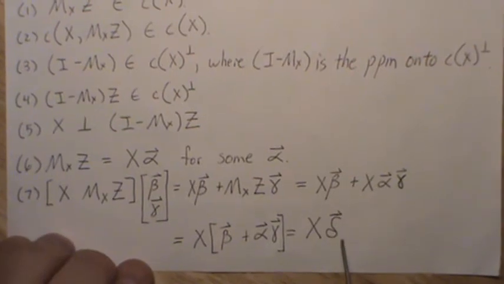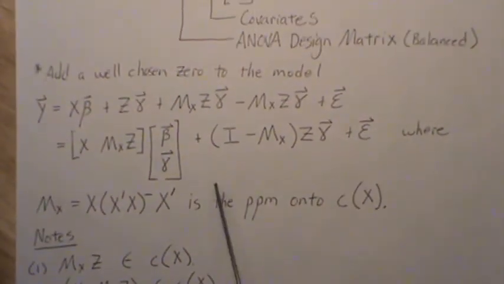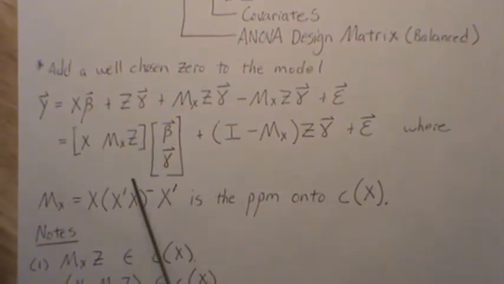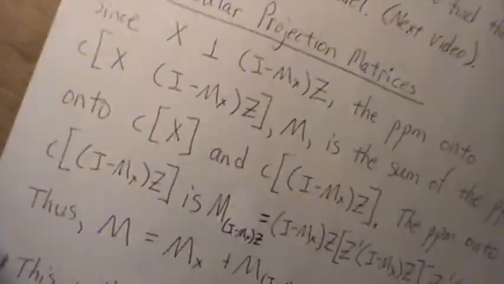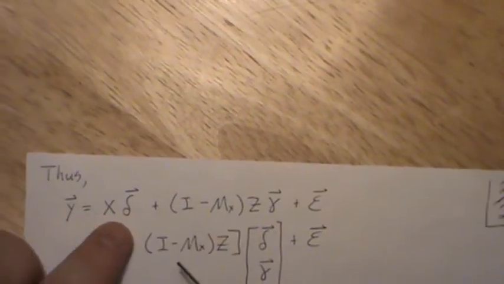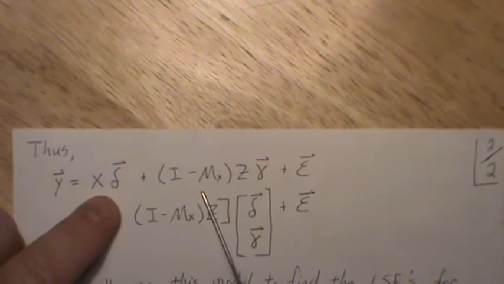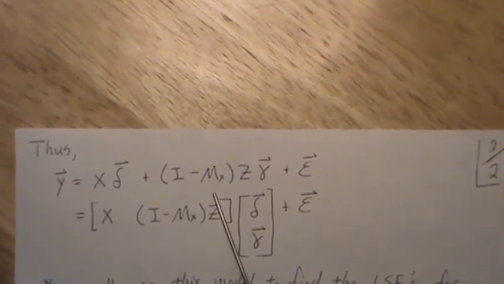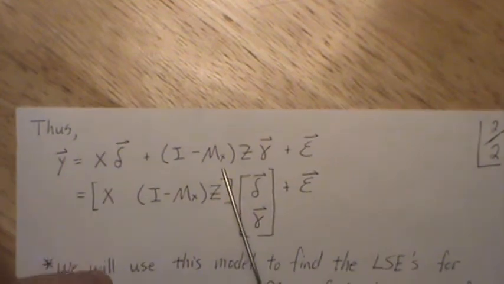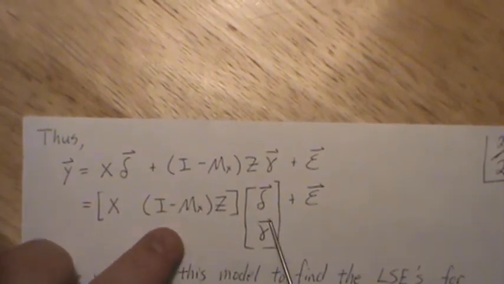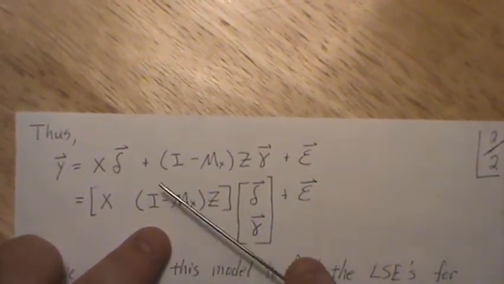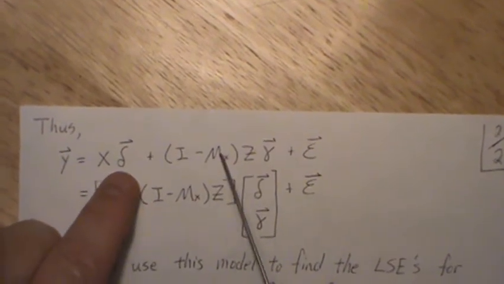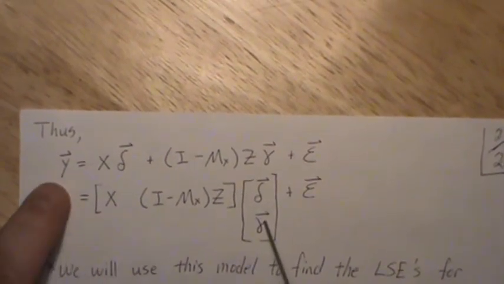Now we're going to take this piece into this model and replace it with this. That's what's on the next page. So this goes into that place. We actually haven't changed the model, and we haven't changed the column space of that model. Now we can sort of un-matrix multiply, right? If we were to multiply this out, then we get this back. But look, we're back into that format.